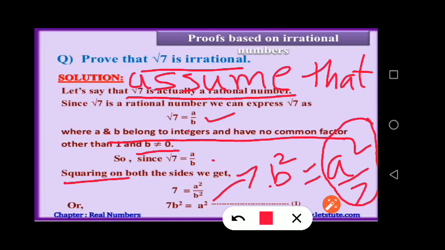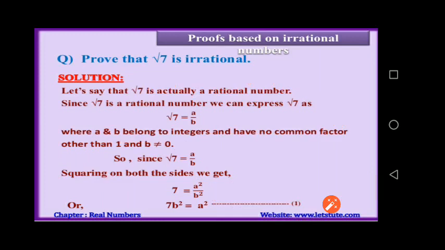What is a square by 7? A square by 7 is an integer, which means that 7 divides a square. Getting my point? Since b square is an integer, a square by 7 is also an integer, and hence we can say that 7 divides a square. Let's move forward.